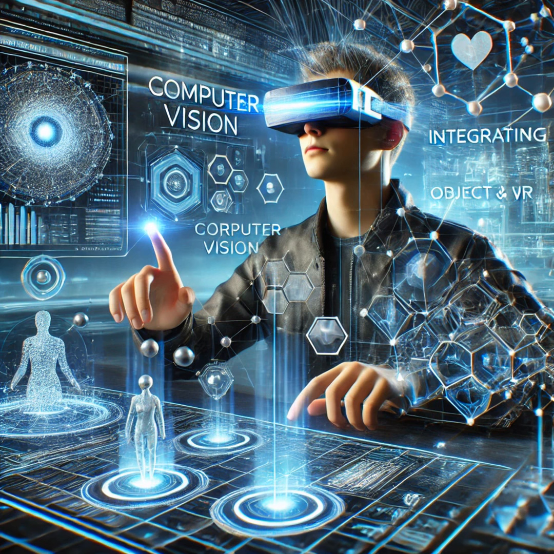So instead of fumbling around with controllers, you can use natural hand gestures to interact with virtual objects. That's something that Text Calais highlighted as being a much more intuitive and engaging way to experience AR. It seems a lot more natural than using a controller. It is, yeah. But how does it work? So the system uses computer vision to analyze the shape and movement of your hands, and it can then translate those movements into commands.